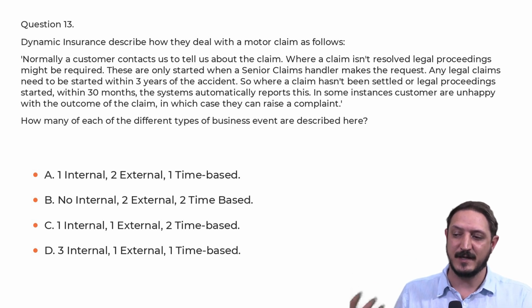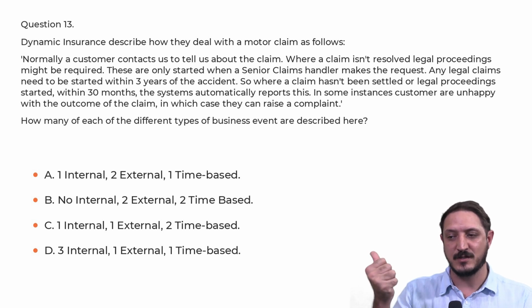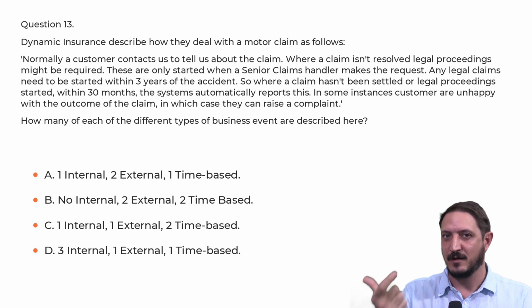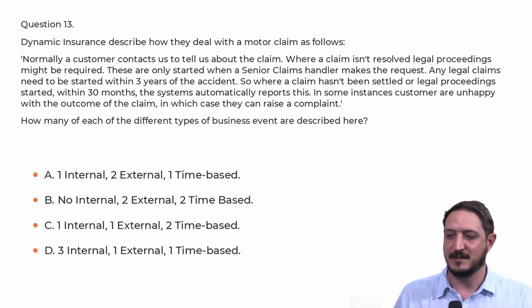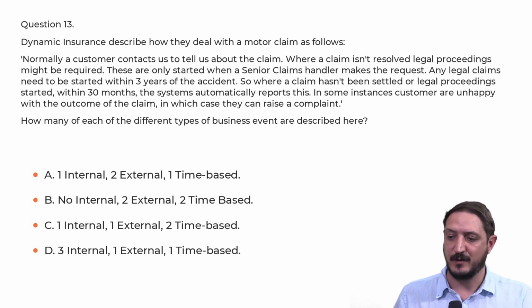So if we take this third business event into the context of the question that we're answering, we've got one internal, one external, and one time-bound business event. Most of these answers have only got 4 or 4 to 5, so we're pretty much looking for just one more.